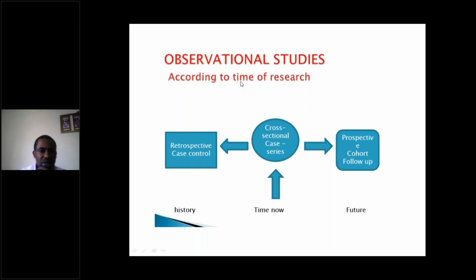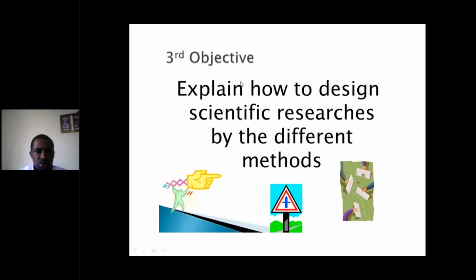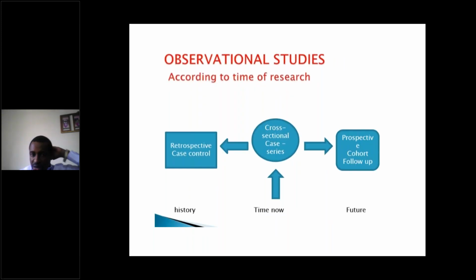Let's look at another important thing: different studies in epidemiology. We have observational studies, according to time of research. This is history, this is now, this is the future.